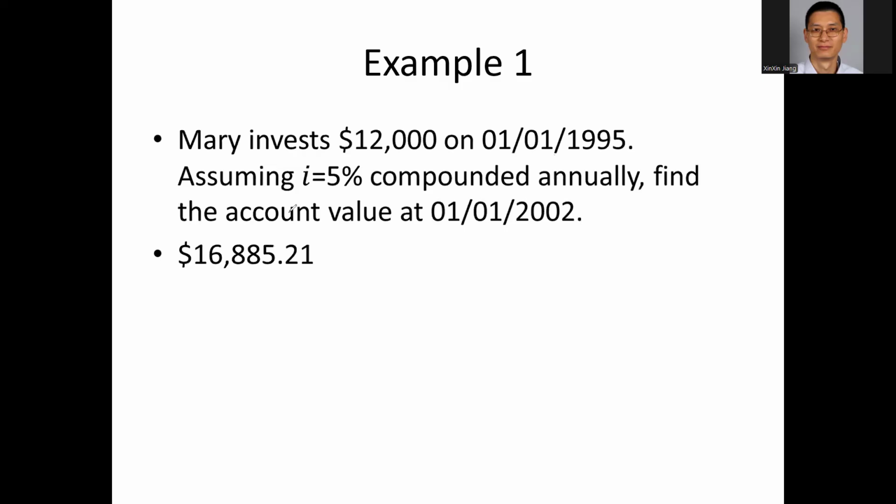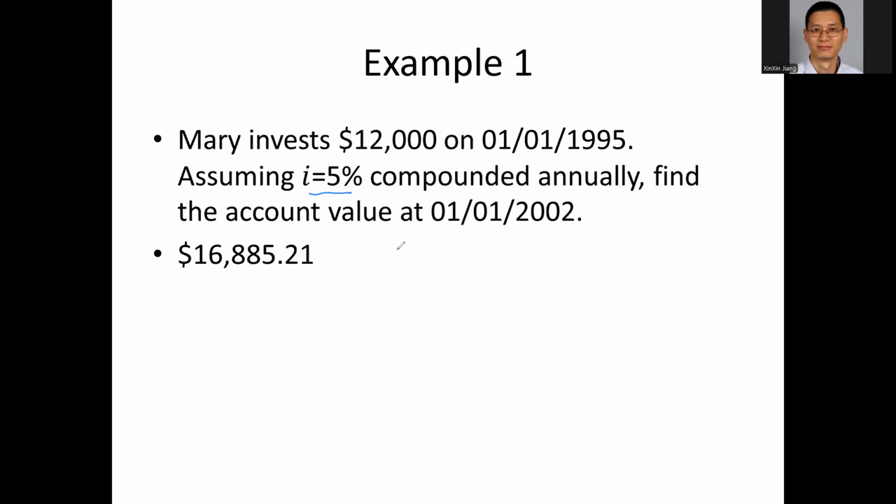Okay, so let's look at an example. Mary invests $12,000 on January the 1st, 1995, assuming i equals 5% compounded annually. Later on we will know if it's compounded differently than annually, then the effective rate will be different. That annual rate is called the nominal rate, but for the moment, it's compounded annually, so this is actually the effective rate as well.